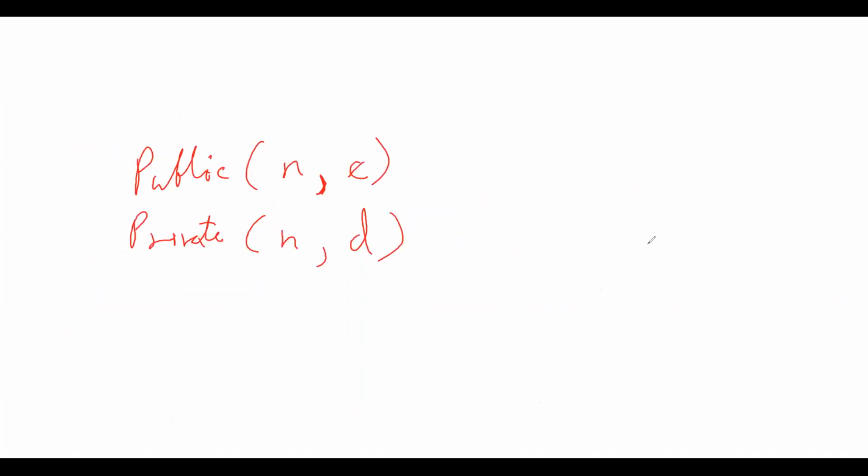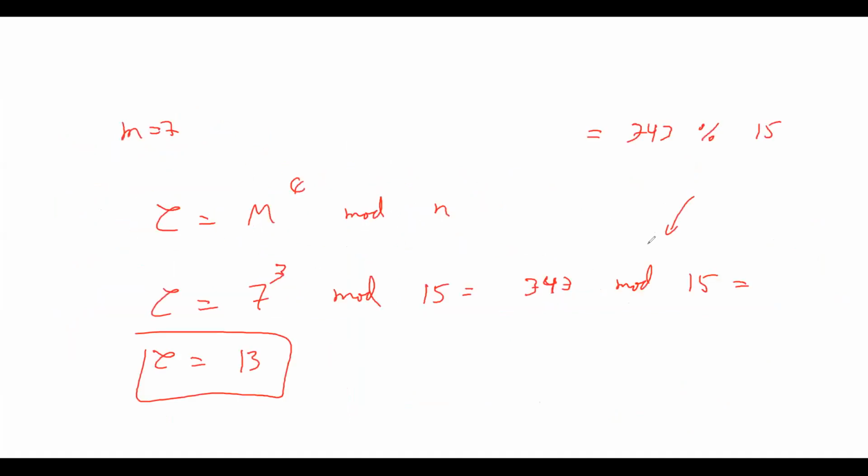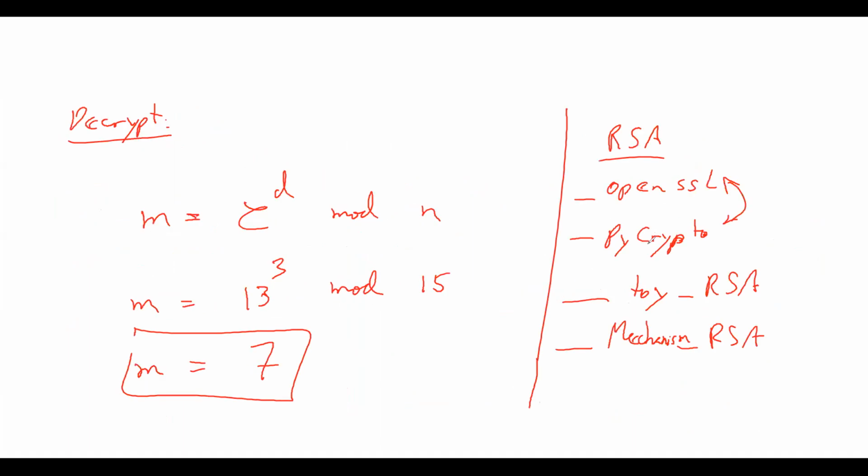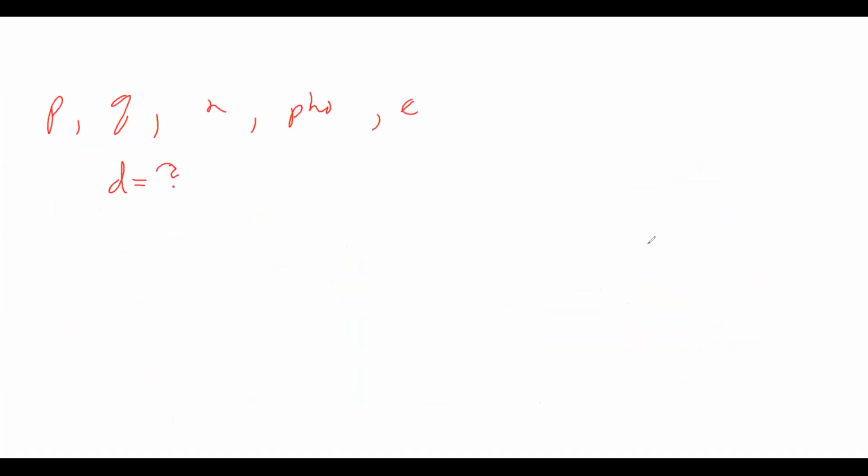So we can go back to that and state it. Given D times E mod phi equals 1.